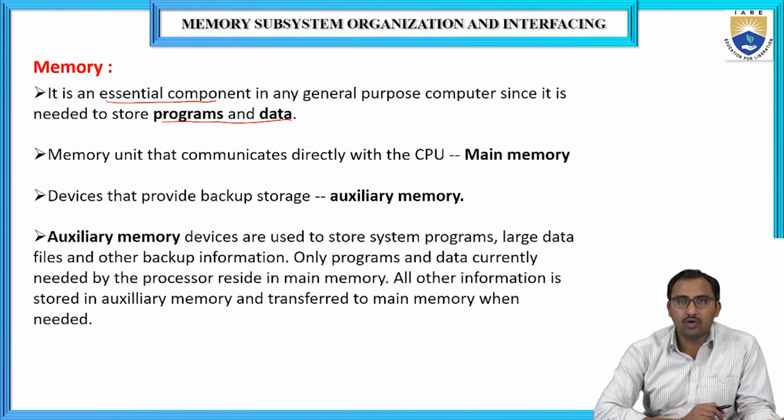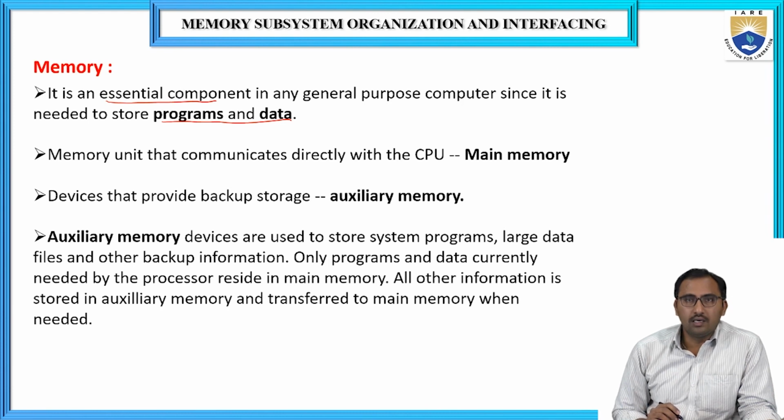In order to process the data within the computer, we need to take the data from the storage. So in the memory, we are storing some programs and the data. That's why the memory can be viewed as an essential component for the basic computer system.